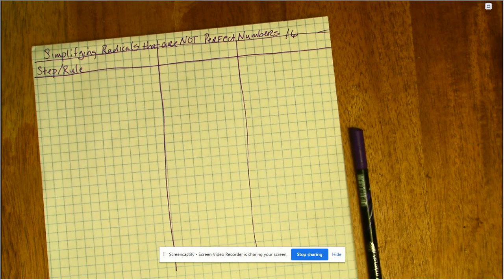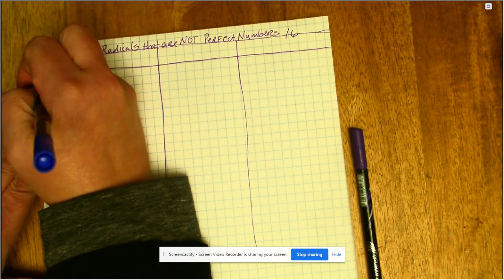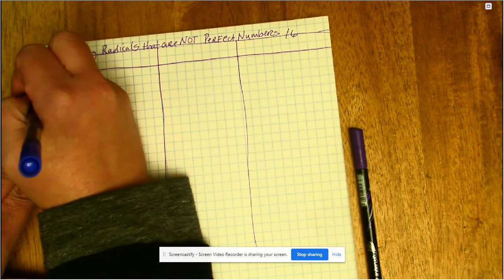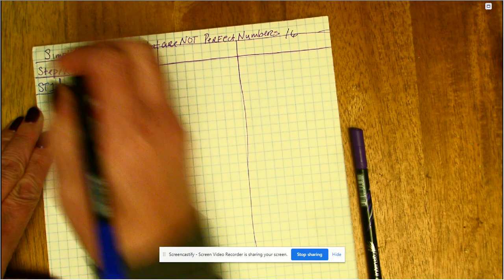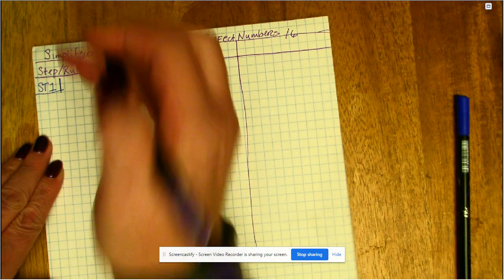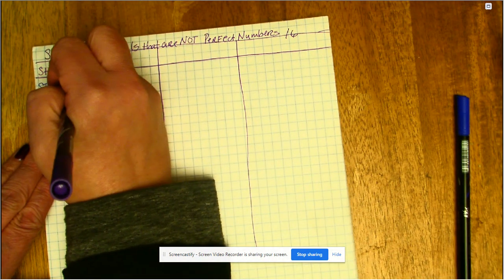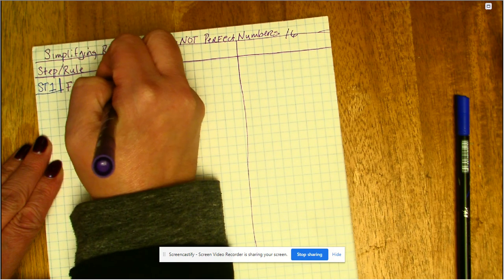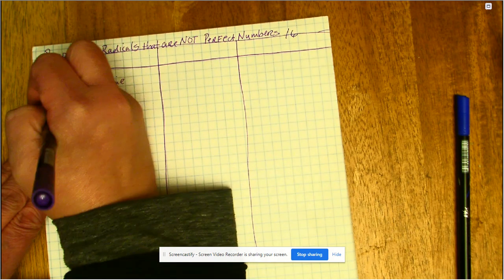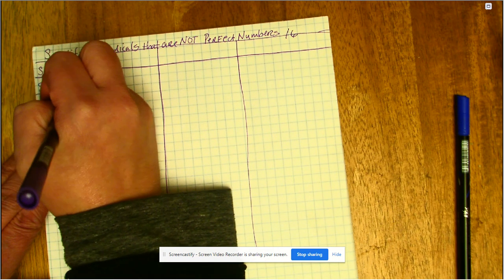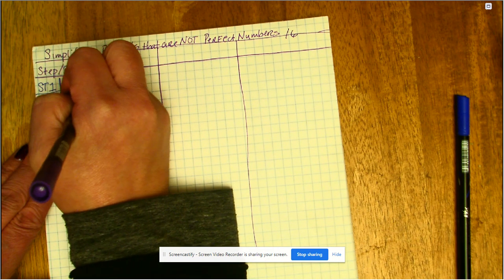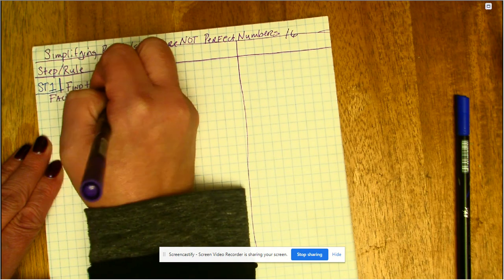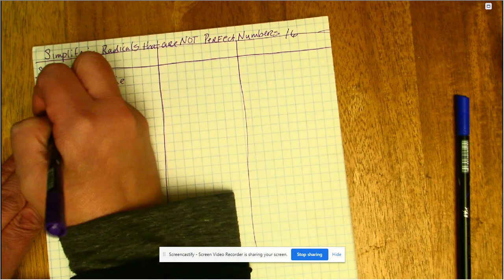Okay, so the first step or rule, so we'll call it step number 1, is to find the prime factorization of the radicand.